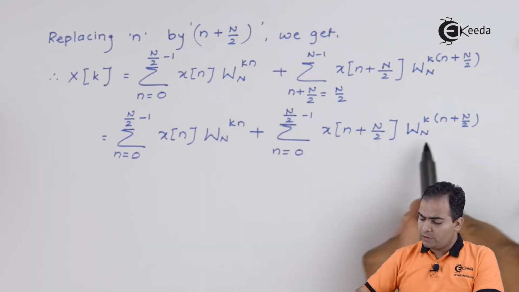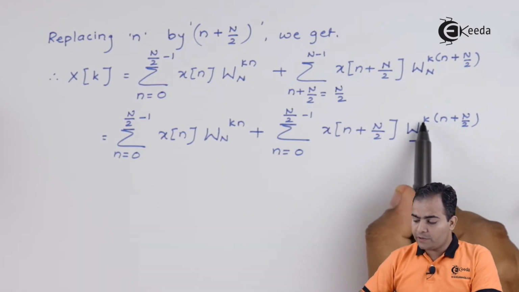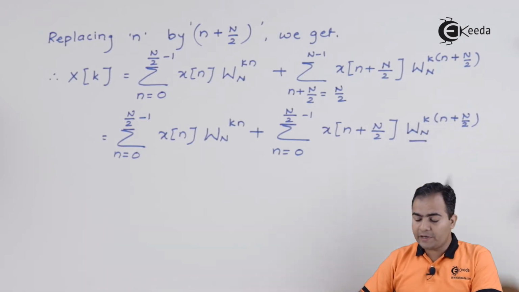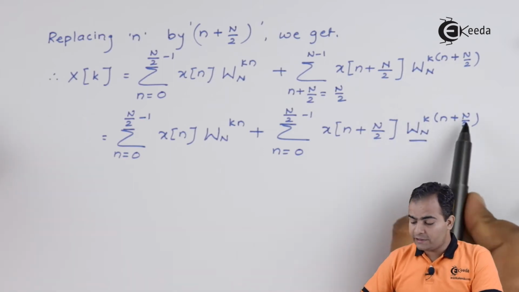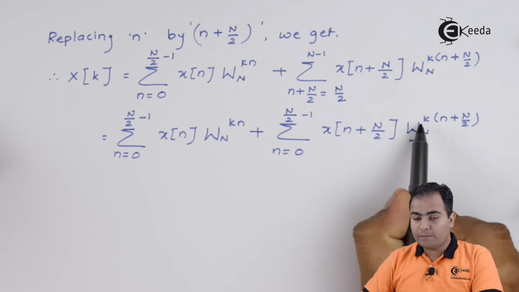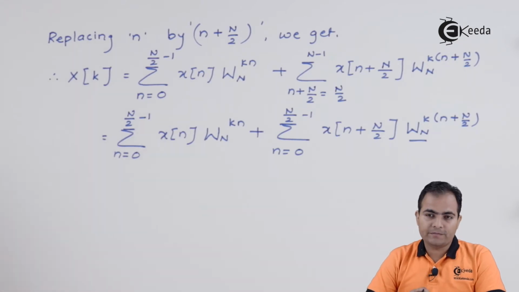Now look at the last part. Here we have W_N to the power k into bracket n plus capital N by 2. So I'm going to multiply k inside this bracket and split this power. We have studied one formula: e to the power a plus b is e to the power a into e to the power b.